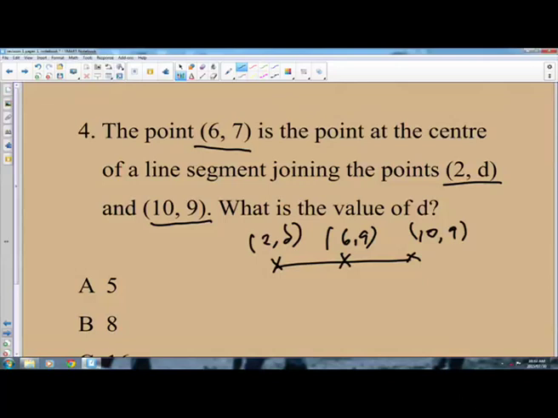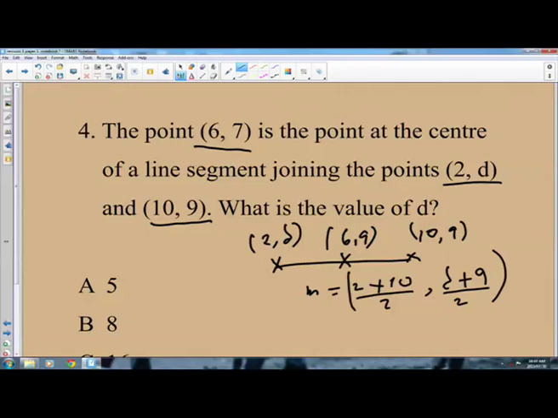We use the concept of the midpoint theorem. The value of the midpoint will be 2 plus 10 divided by 2, and then d plus 9 divided by 2. Okay, this is what we have.